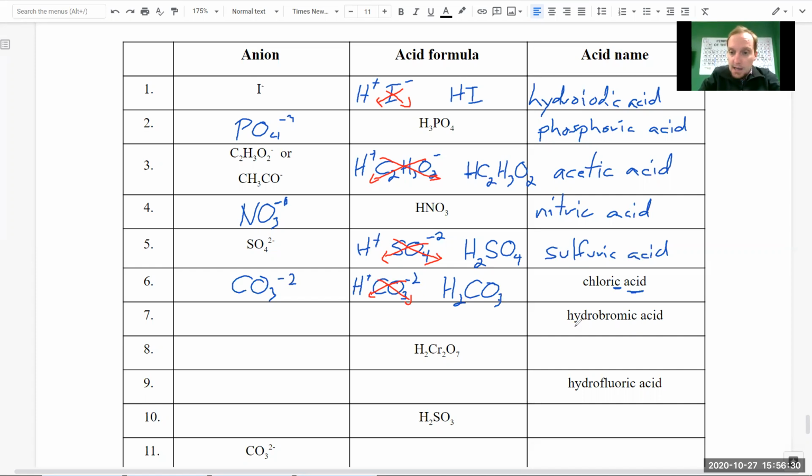Number 7, hydrobromic acid. Hydrobromic, that tells me it's HBr. Because hydrobromic, the anion is just a bromide ion, Br -1. So that's hydrobromic acid, HBr. Again, hydrogen has a +1, bromine has a -1, cross them, cancel out, HBr.